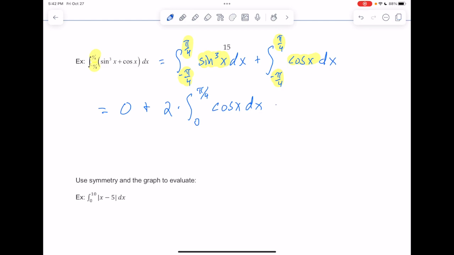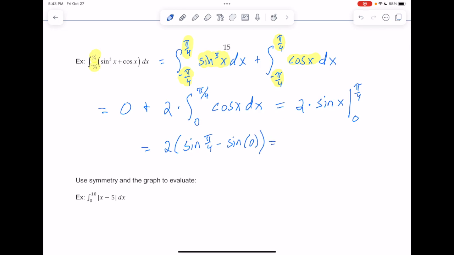And now we've got kind of a simple thing to work on. The 0 we don't have to worry about. We've got the 2 out front. Cosine is the derivative of sine, so the antiderivative of cosine is sine. And then we're going to evaluate that from 0 to pi over 4. So we get 2 times the sine of pi over 4 minus the sine of 0.